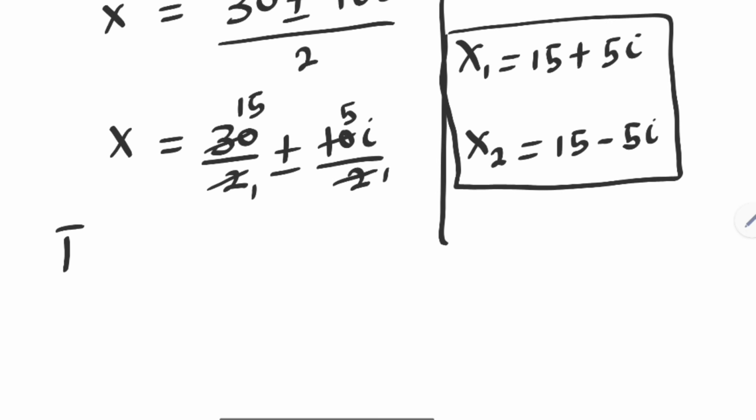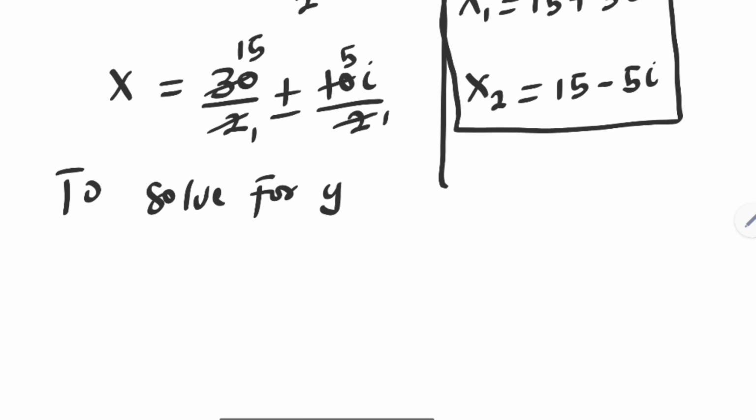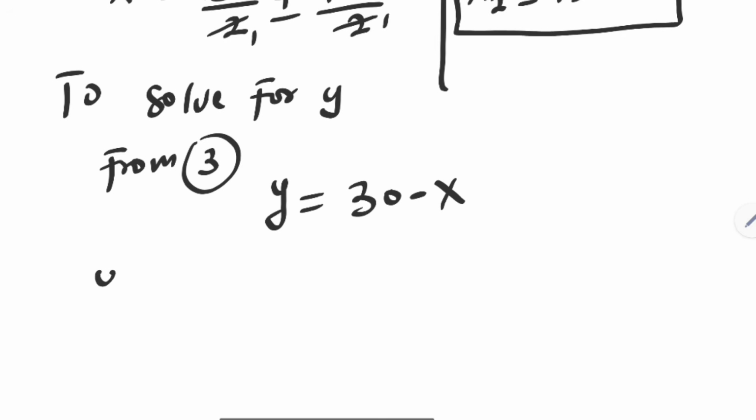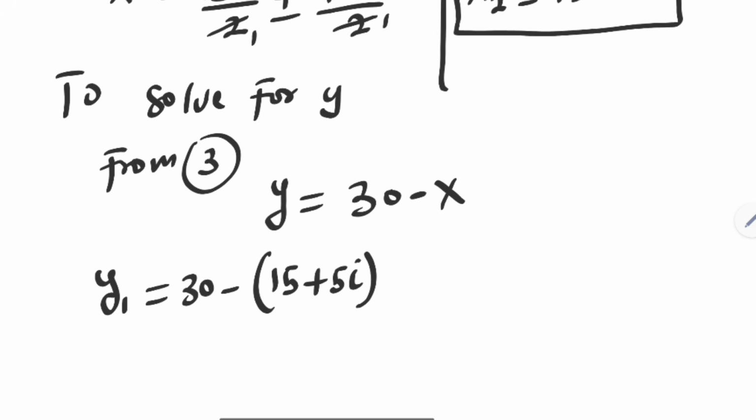To solve for y, from equation 3, y is equal to 30 minus x. y1 is equal to 30 minus x1, which is 15 plus 5i.